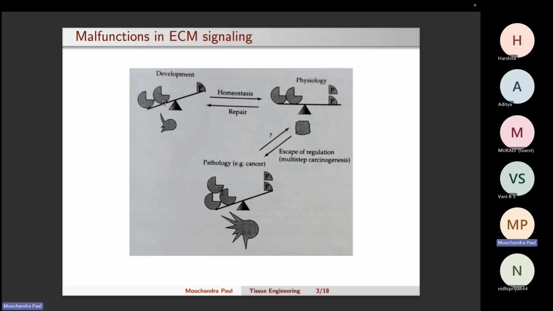So obviously, synthesis and degradation happen at a dynamic rate. But when the tissues have achieved homeostasis, like in normal adult tissues, there is a fine balance. The degradation by the MMPs and the synthesis of ECM proteins should be in balance.